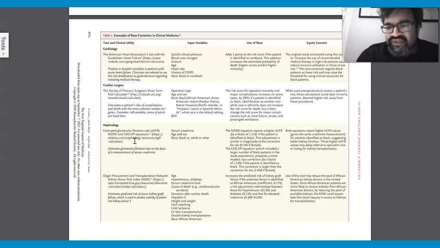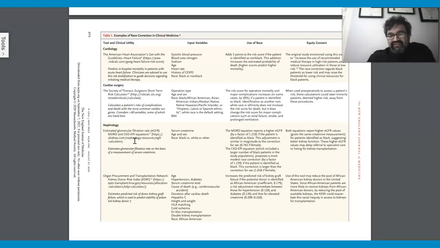What happens? Both equations report higher estimated glomerular filtration rate values, as I said before, for patients identified as Black, suggesting better kidney function than what it actually is. And what happens then is you're catching renal disease and renal failure much later, when it's too late.